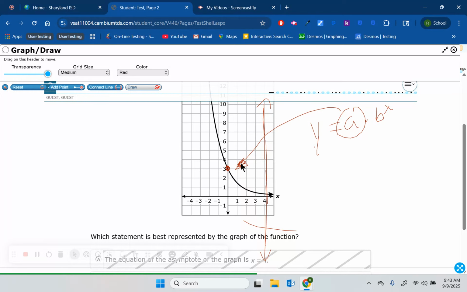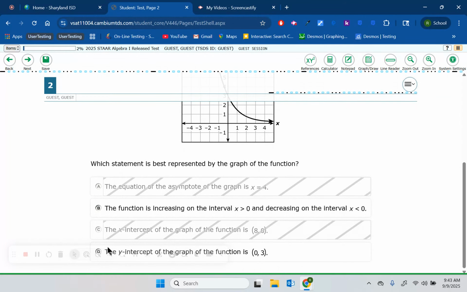So if you can commit to learning these 3 functions, those are the main ones you're learning in Algebra 1. And a good Algebra 1 teacher will teach the heck out of that. You can pass a state test with a perfect score. So this is true. The y-intercept is true. It is 3.